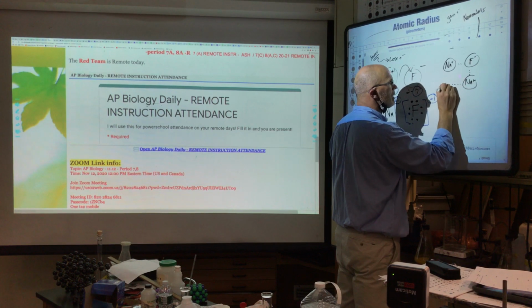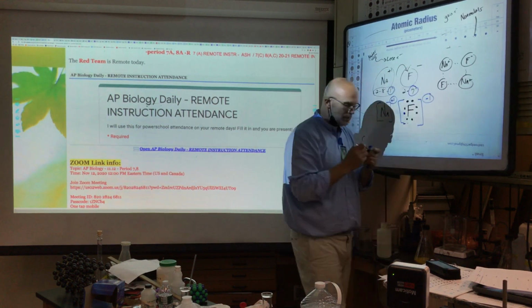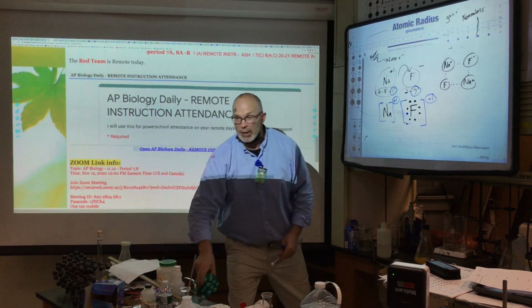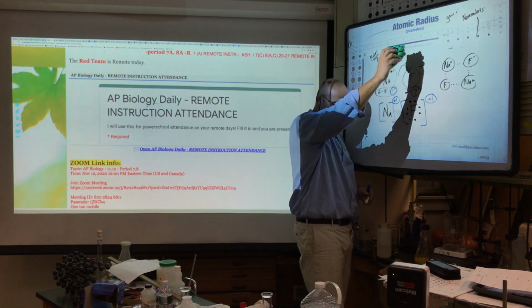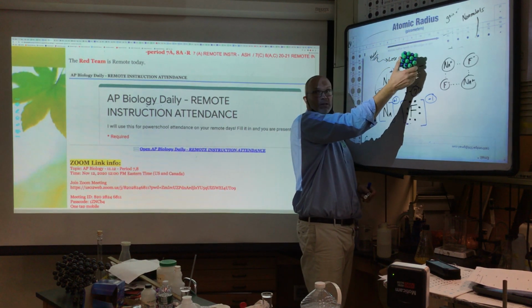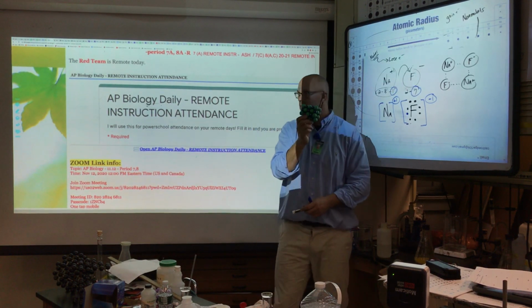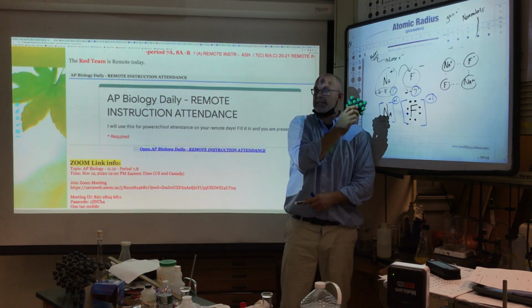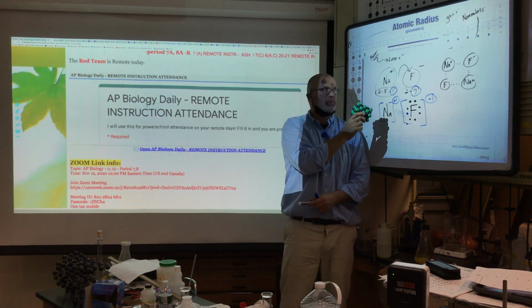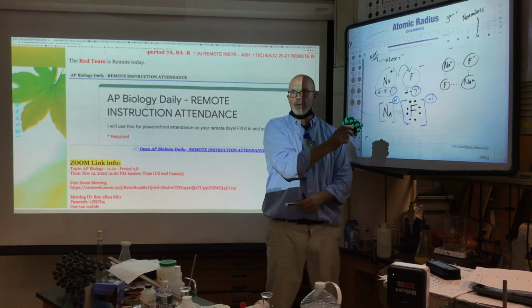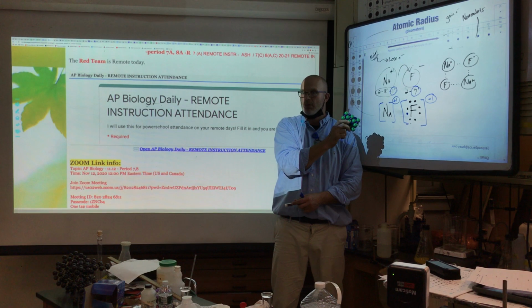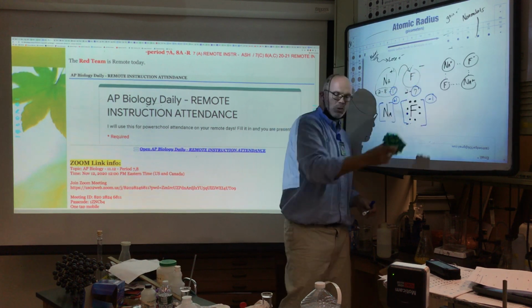And the beat goes on. This is a crystal lattice of ions. This is not covalent bonding. This is not molecules. And the formula is NaF, sodium fluoride, if there's one sodium ion to one fluorine.